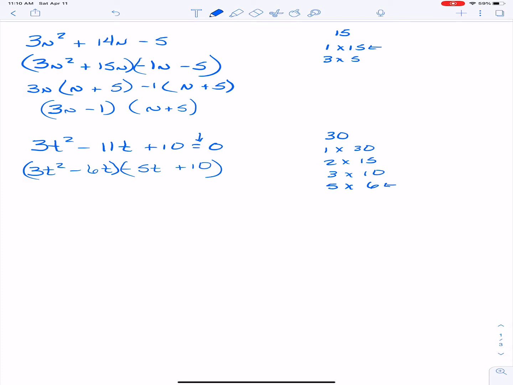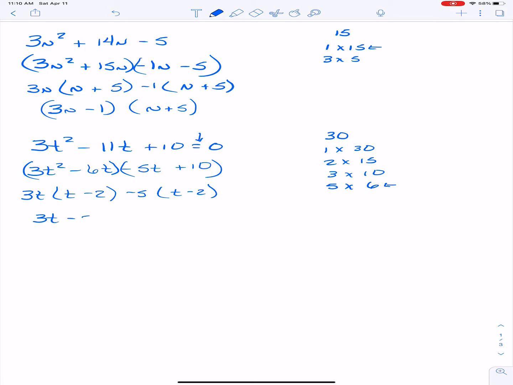Well, this first group, I can pull out a 3t. It's going to give me t minus 2. Over here, we know that t minus 2 is our binomial. So I need to pull out a negative 5, because negative 5t gives me that, and negative 5 times 2 gives me positive 10. So this is now factored.